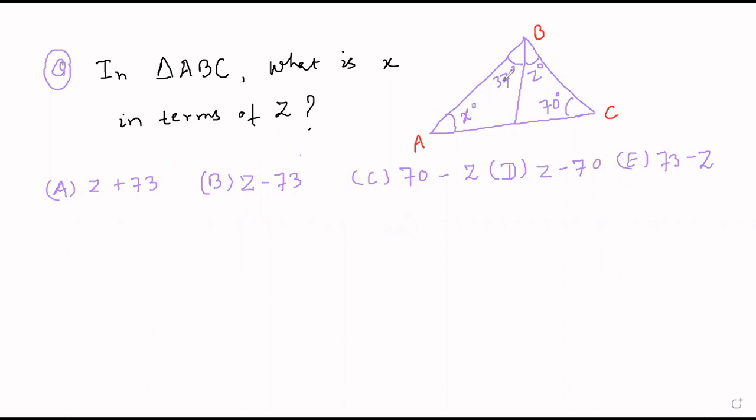So we know the property of a triangle that the sum of the interior angles of a triangle is 180 degrees. So first of all, we can write the sum of the interior angles. This means x plus 37 plus z plus 70 is equal to 180 degrees.